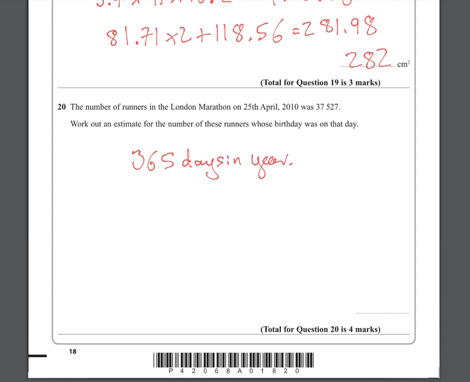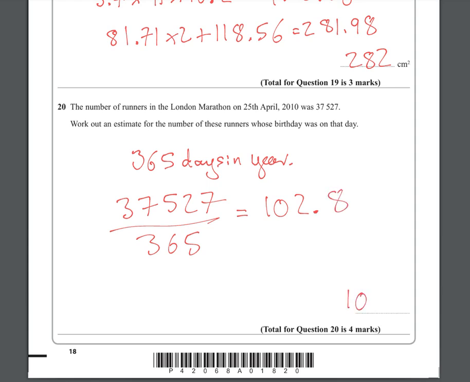So if we divide this by the number of days in the year, then on average those people will all be spread out equally over those 365 days. It's 102.8. An estimate. Well, I estimate to the nearest runner, it'll be 103 runners.